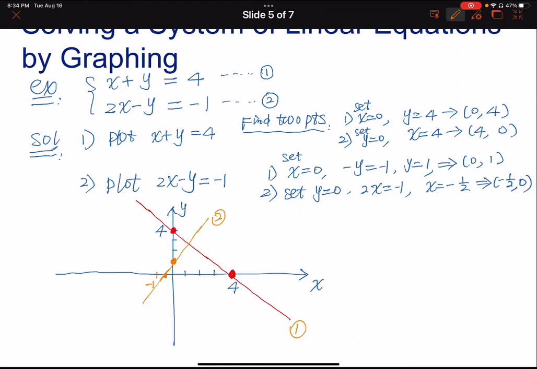The two lines intersect right here, which is around (2, 2), something like that. But we can use an algebraic method to find the exact solution. The point is, yes, there is a unique solution.